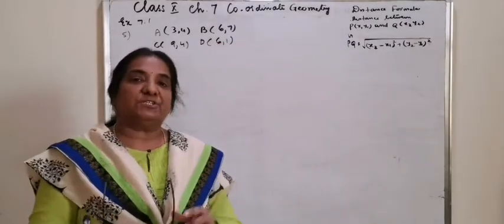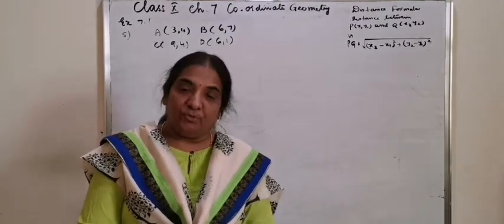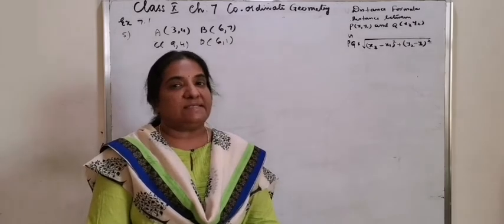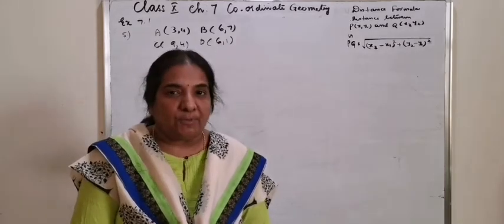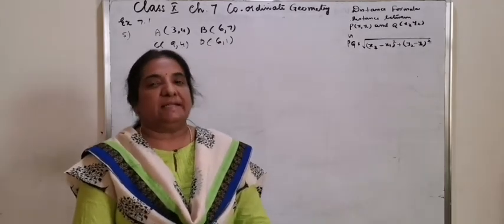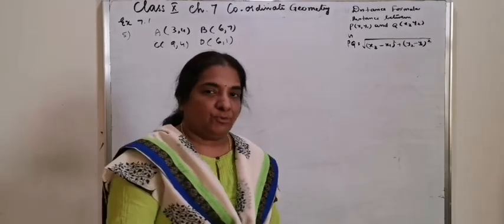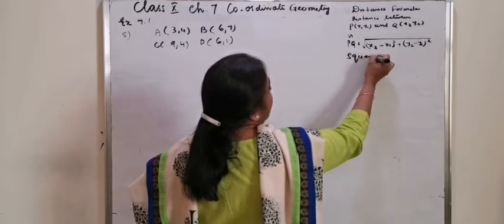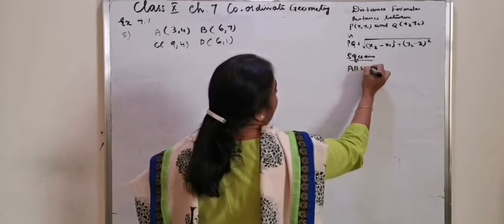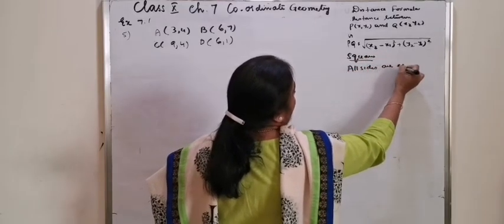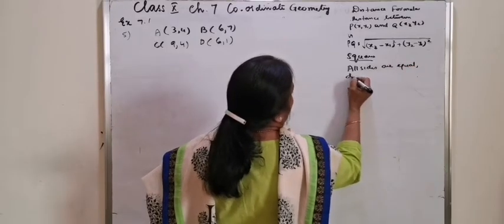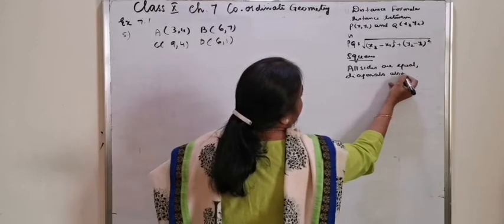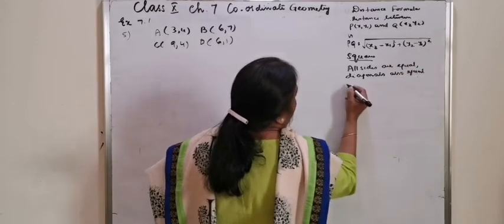There are two conditions to be fulfilled to prove it is a square. The first property is all sides are equal. The second property, that the lengths of diagonals are also equal, has to be proved. What about for a rectangle?